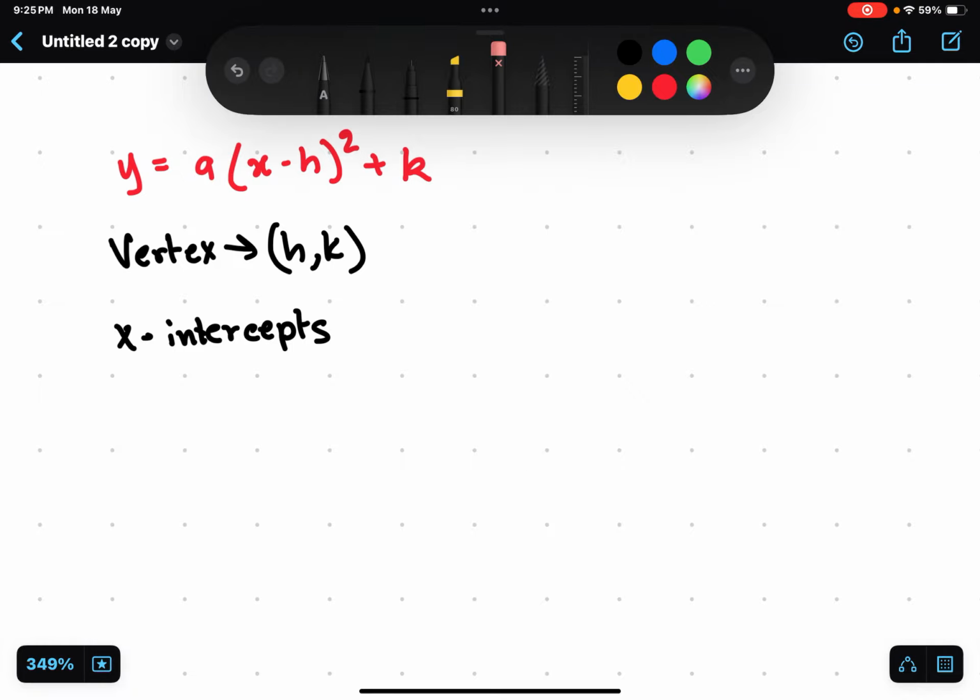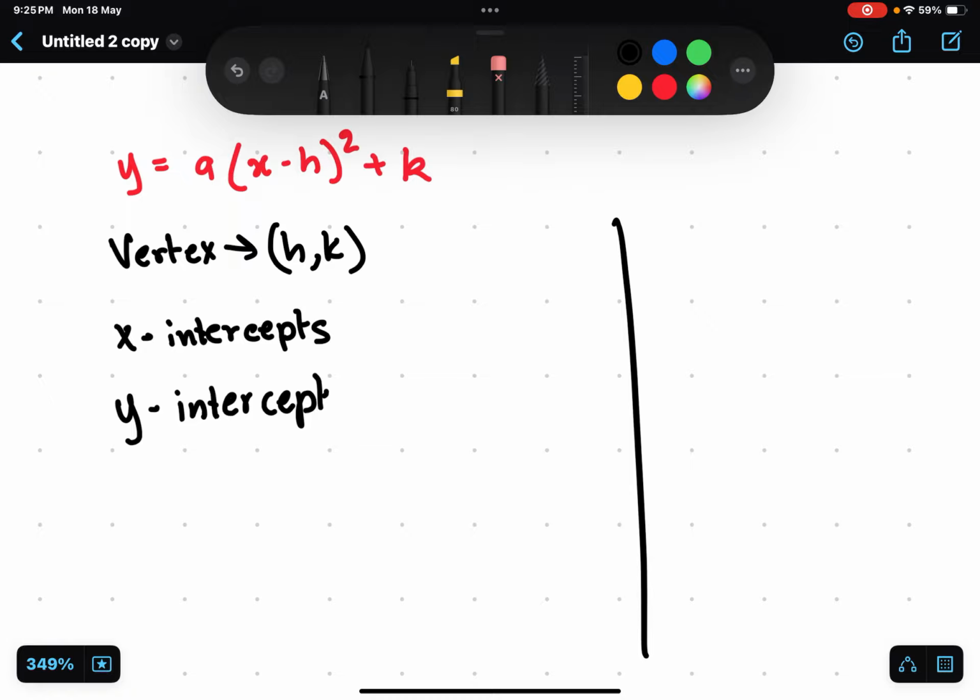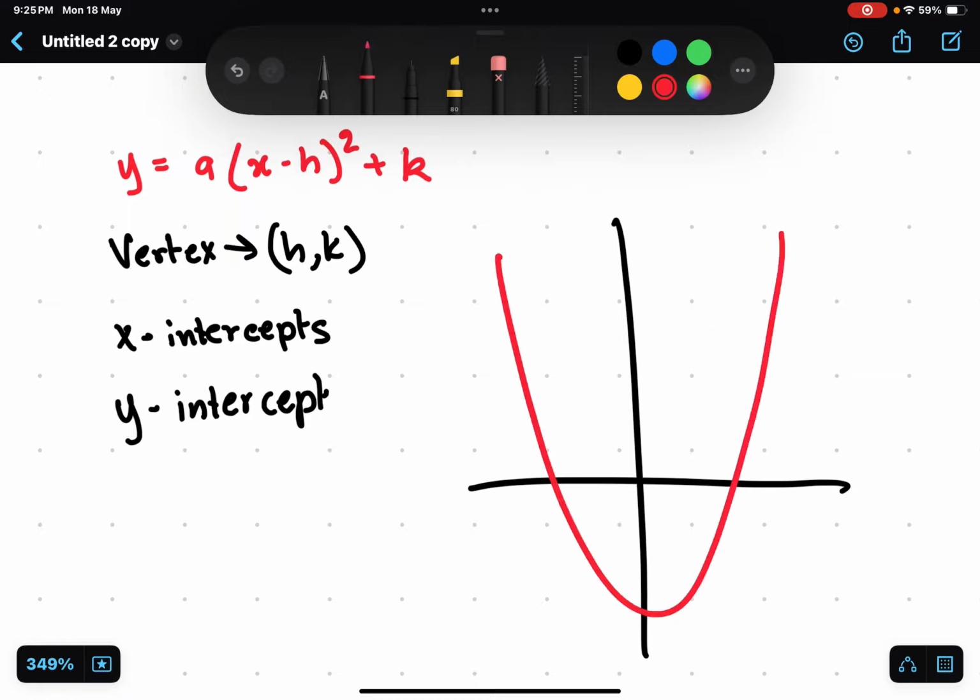After that, it would probably be easy to find the y-intercept. Now the y-intercept is basically, if I draw it up like this, the point right where the graph crosses the y-axis.